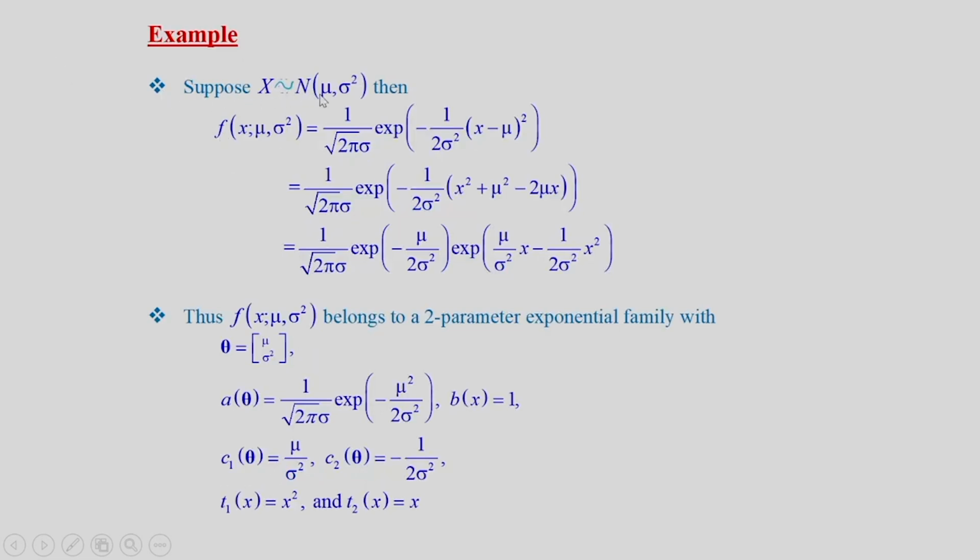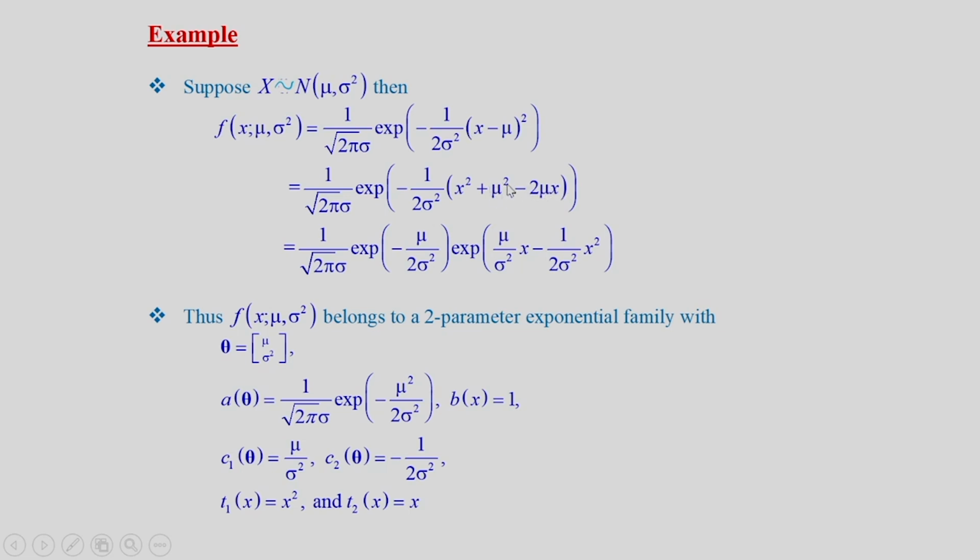Suppose x is a normal distribution with mean mu and variance sigma square, and mu and sigma square are unknown. Then the PDF we can write like this: f of x, mu, sigma square, it is a function of mu and sigma square, that is equal to 1 by root over 2 pi sigma into exponential minus 1 by 2 sigma square into (x minus mu) whole square. So, this we can write as 1 by root over 2 pi sigma into exponential minus 1 by 2 sigma square into (x square plus mu square minus 2 mu x).